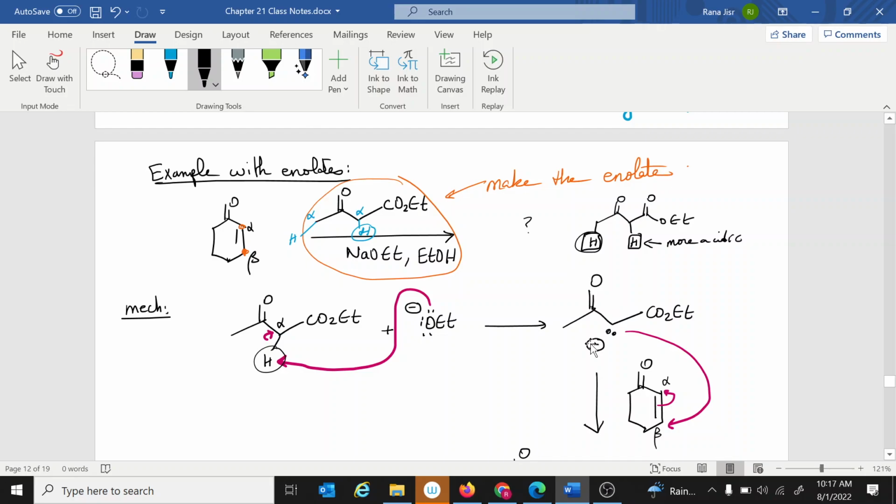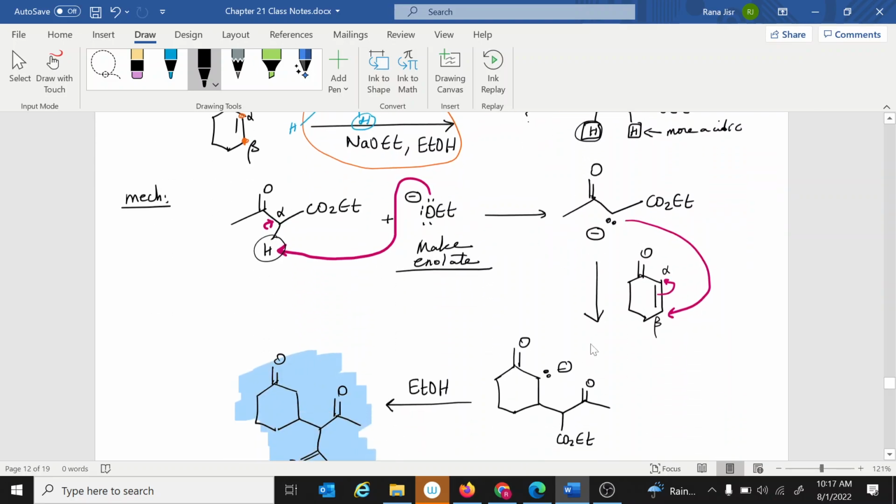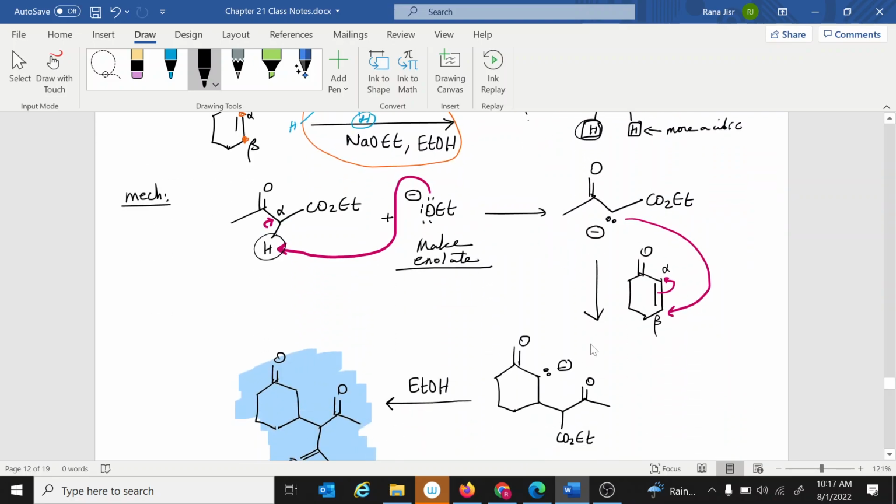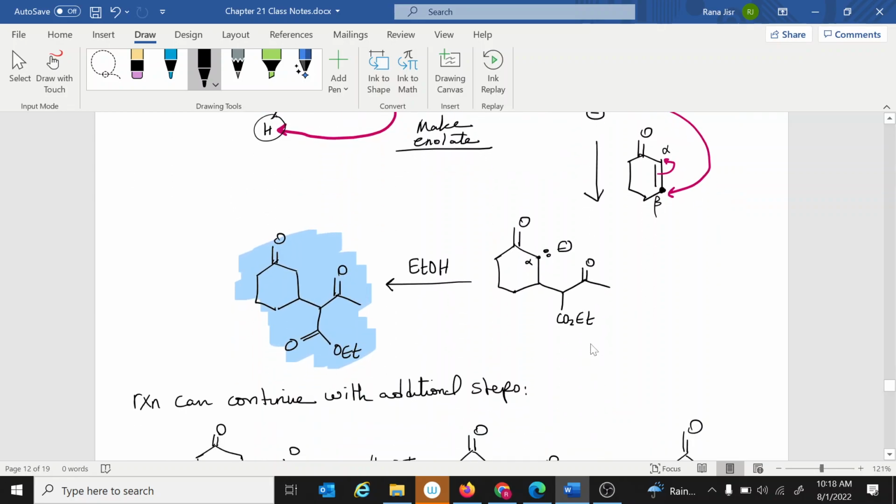You make your enolate. So the first step, always make the enolate. Once you make the enolate, in Michael addition, the enolate is going to attack the beta carbon. So the enolate comes, attacks the beta carbon, so you're making a bond between the enolate and the beta carbon, and you're going to form a negative charge on the alpha carbon that gets protonated by any solvent to a hydrogen.